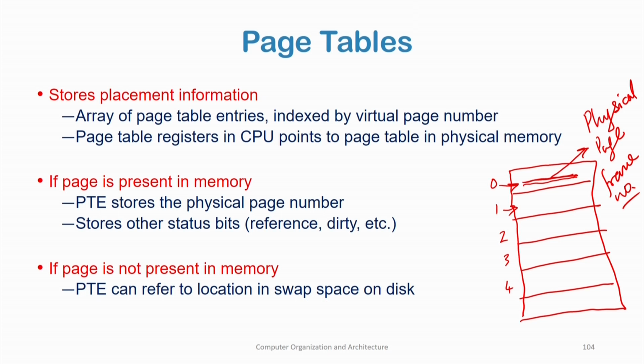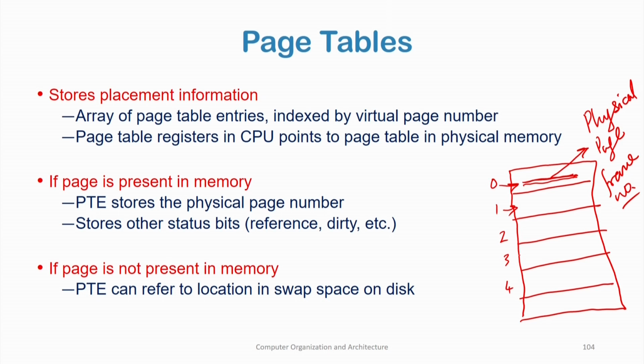So, again, the page table is an array of page table entries. It is a data structure which is there per process. Every process has its own page table. The page table maps the virtual pages corresponding to that process to corresponding physical pages.